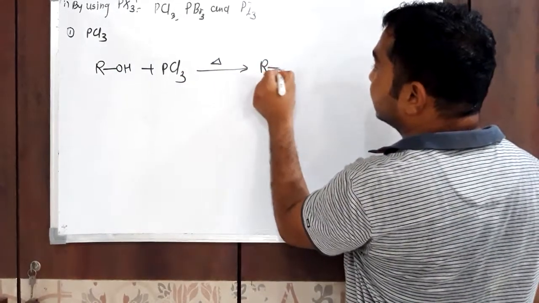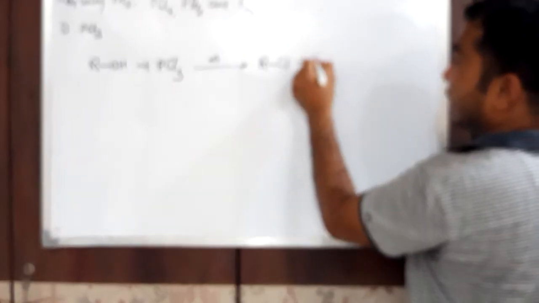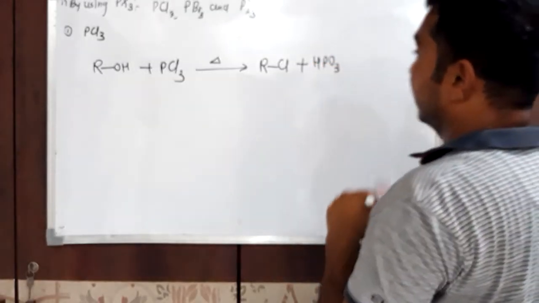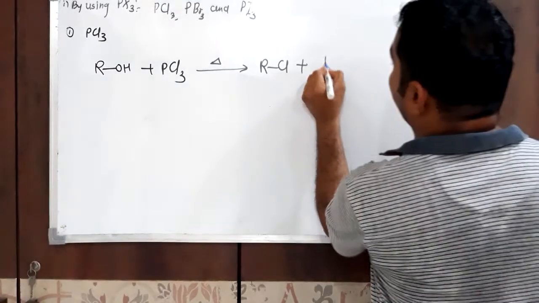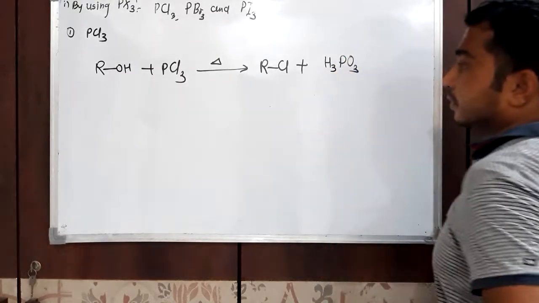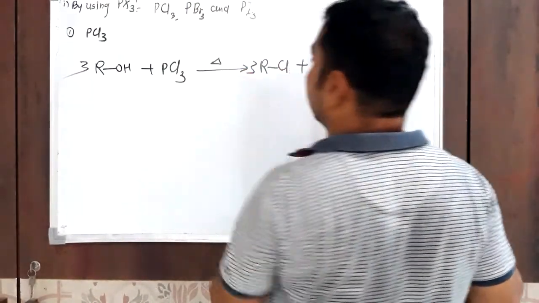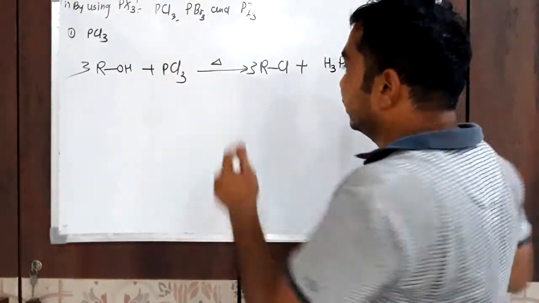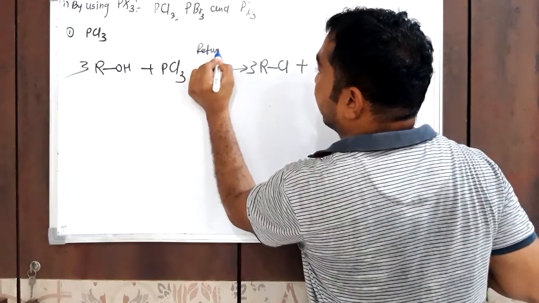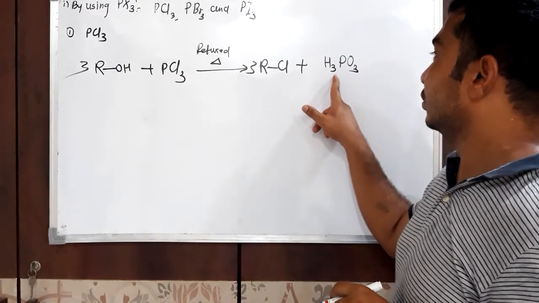You will get three molecules of alkyl chloride and the side product H3PO3.